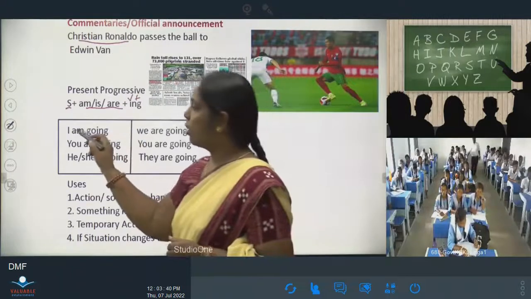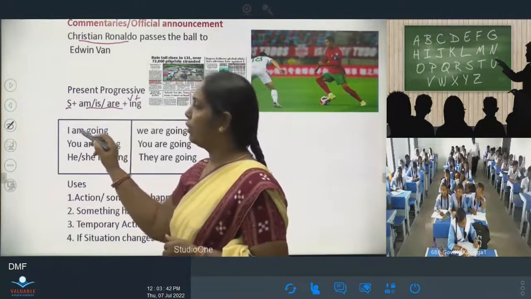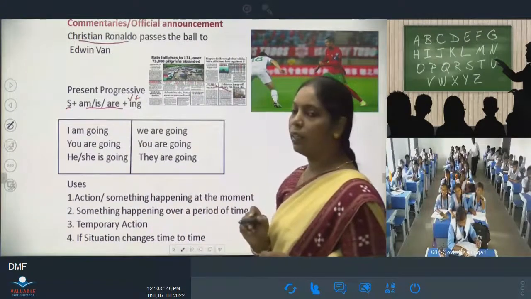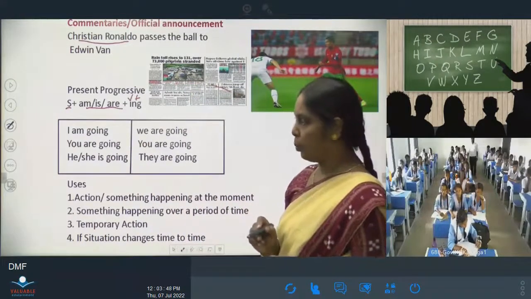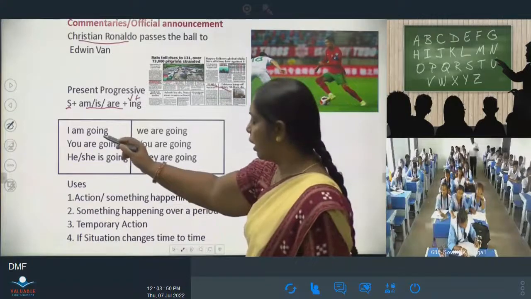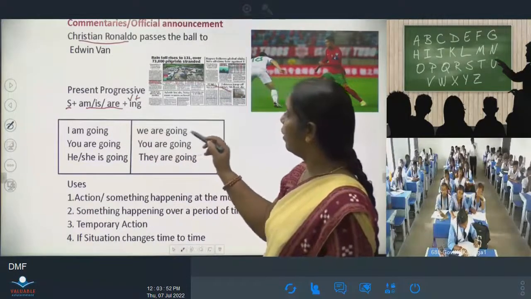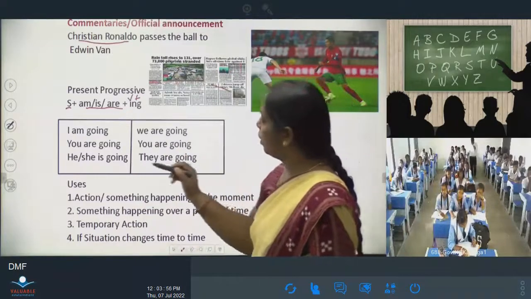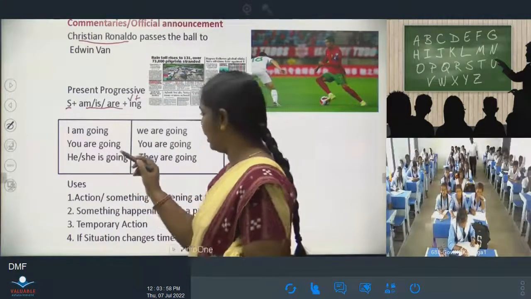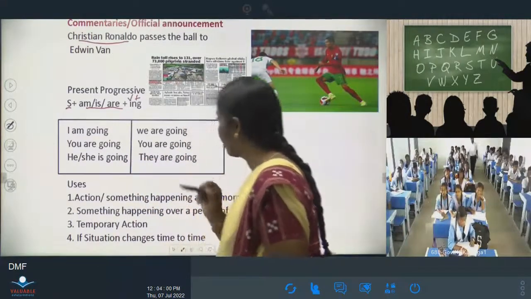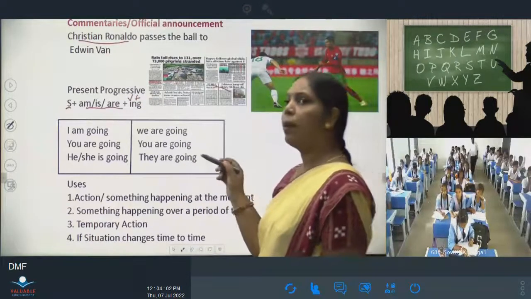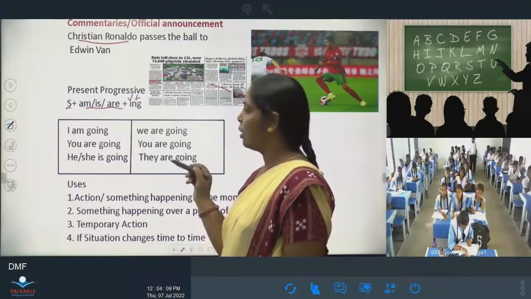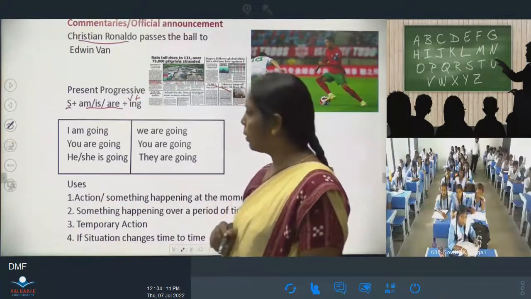Look here, I am going. I is the subject here, am is the auxiliary verb, and going is the verb with ing form. So this is the format. I am going, we are going, you are going, he or she is going, they are going. This is the format of present progressive tense.